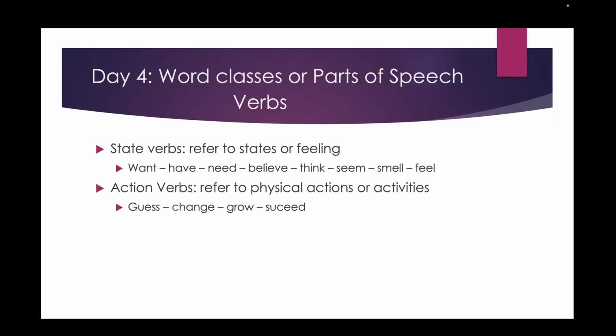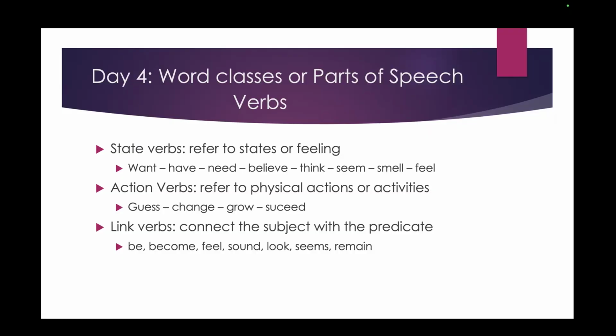Here, as I said, are some examples of verbs that refer to a description of an activity or an action. There we have almost an endless list of verbs, but here are just a few: guess, change, grow, and succeed, for example. And also, verbs can function as links, to link or to connect the subject with what we call the predicate.